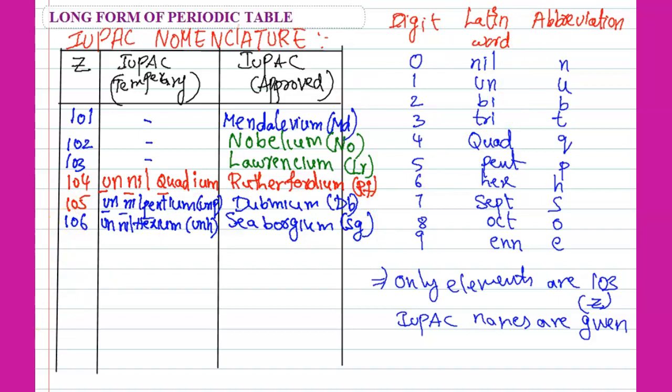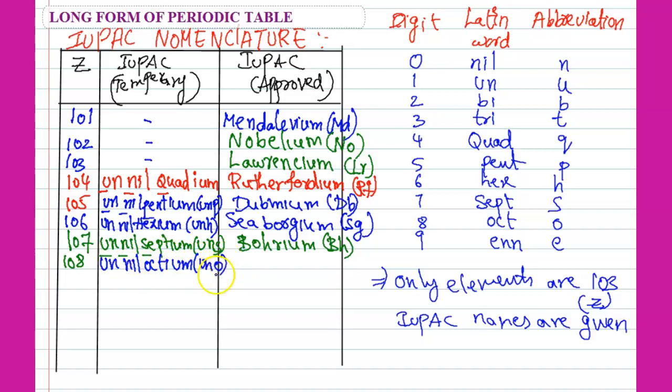Next, 107. Un, nil, sept, septium. So Uns, and it is Bohrium, Bh. 108 means un, nil, oct, octium.